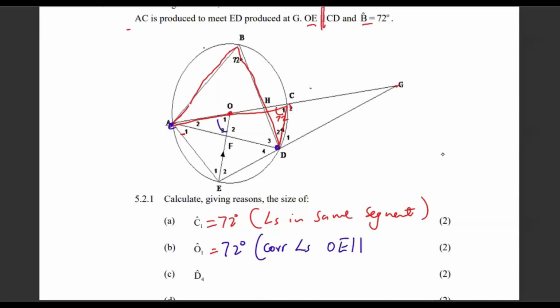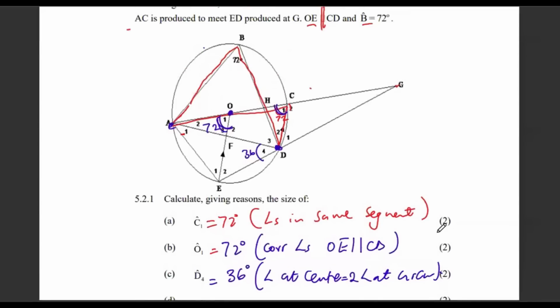OE is parallel to CD. Okay, so this angle and that angle. That's a 7-2. They want us to get D4. So this O1 is at the center, D4 is at the circumference. So this must be a half, which is going to be 3, 6. Angle at the center is twice angle at the circumference.